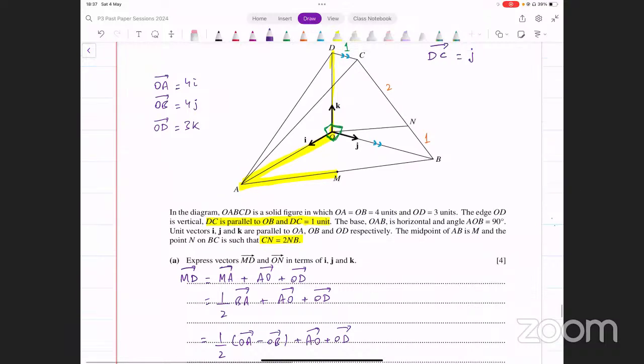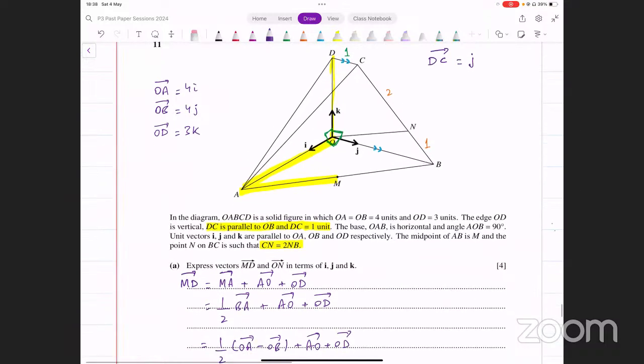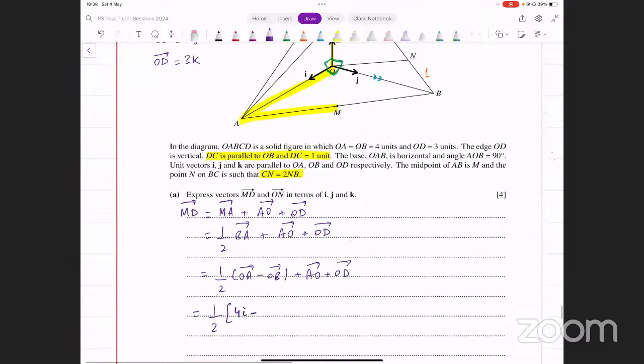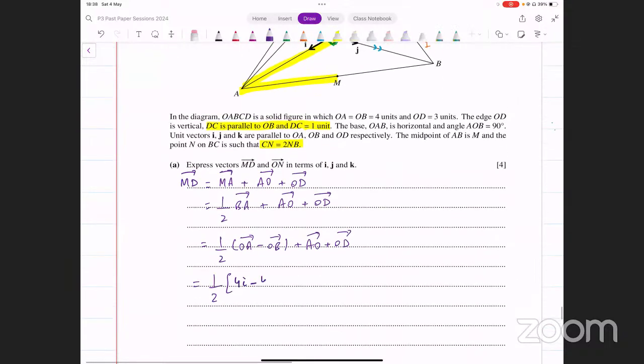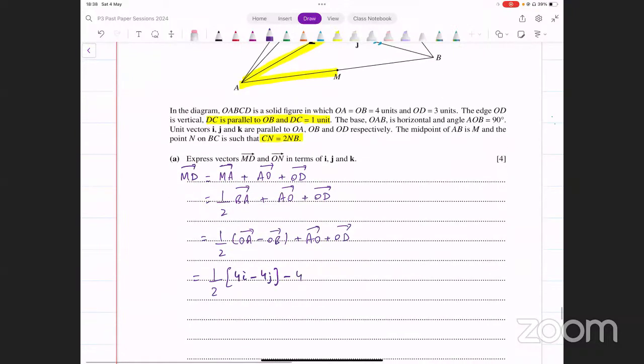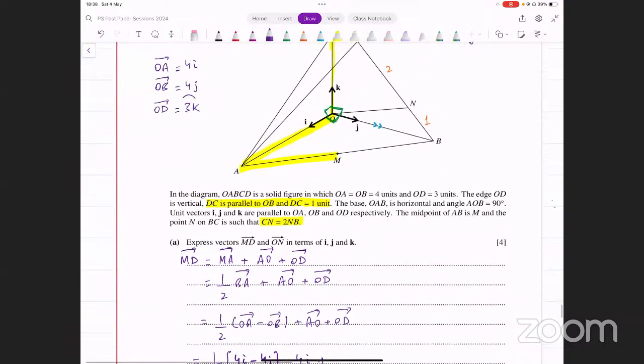What's OA? O to A was 4i. So we have 4i here, minus OB, that was 4j, plus AO. AO will be negative of this, that's minus 4i. So you have minus 4i plus OD. OD is 3k.